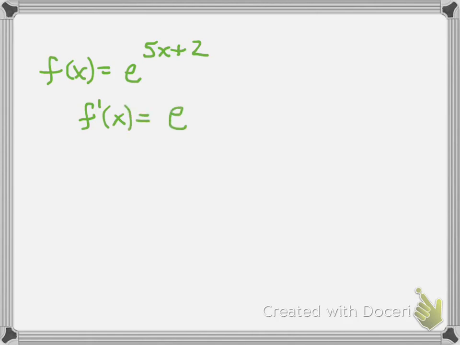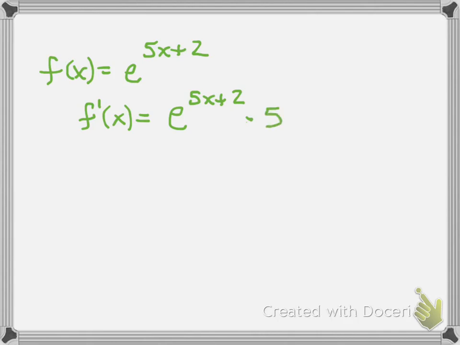All right, let's try the second example. f of x equals e to the 5x plus 2. It says find the third derivative. So let's start with the first one. This is one of those rules we talked about last week, the chain rule. The first derivative is e to the 5x plus 2, we rewrite that, then we derive the exponent, so times 5.